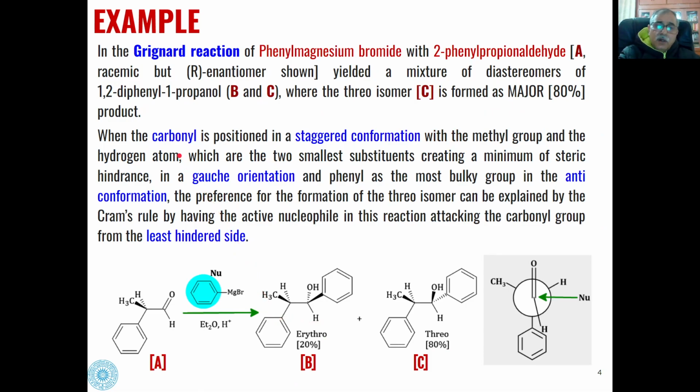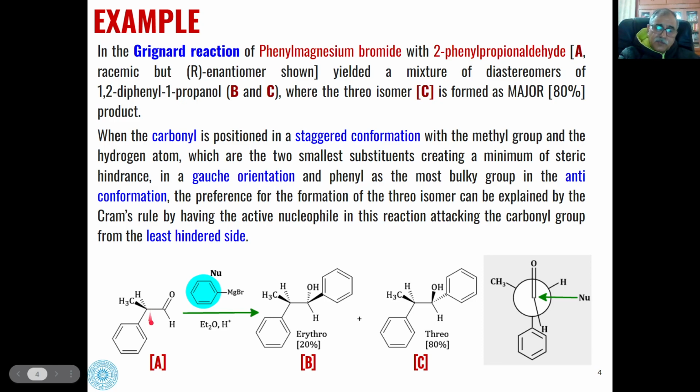Now we can explain a few reactions on the basis of Cram's rule. For example, consider the Grignard reaction of phenyl magnesium bromide with 2-phenyl propionaldehyde. We can take this as an asymmetric compound, that is, we can use an enantiomer, but we can also use a racemic mixture.